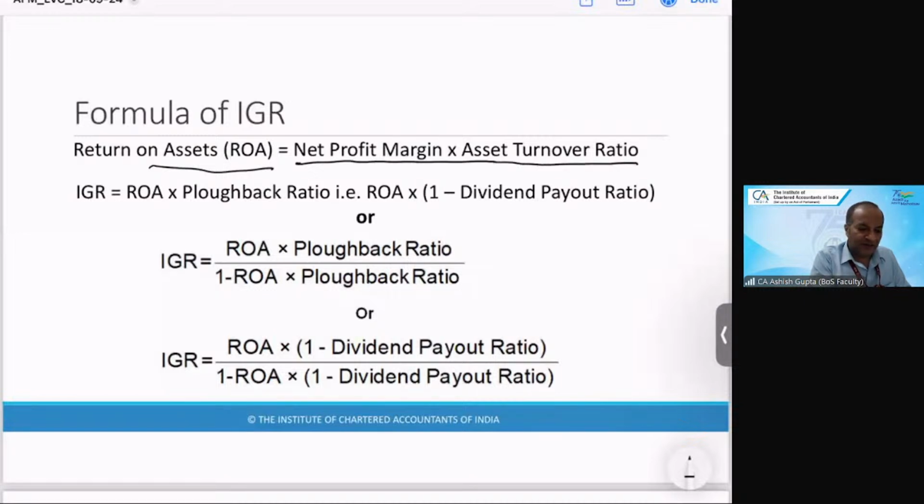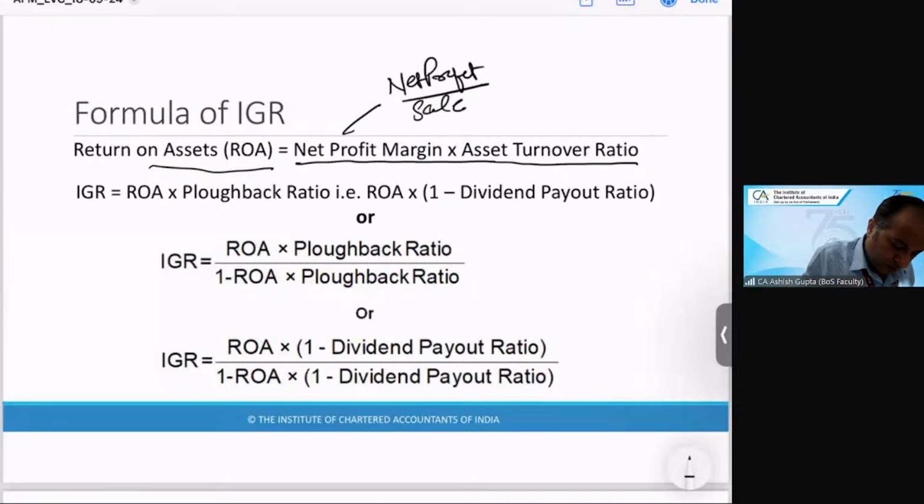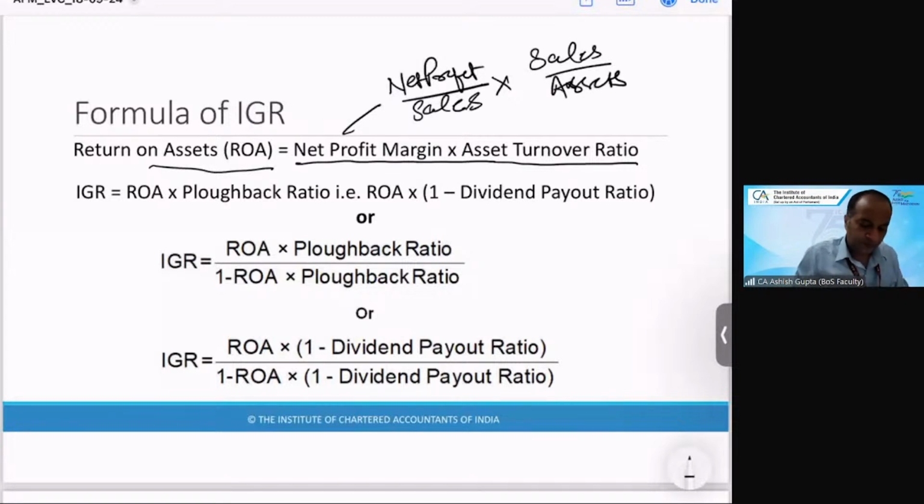Net profit margin is net profit divided by sales, and asset turnover ratio is sales divided by assets. When sales cancel out, it becomes net profit on assets, so we get return on asset.